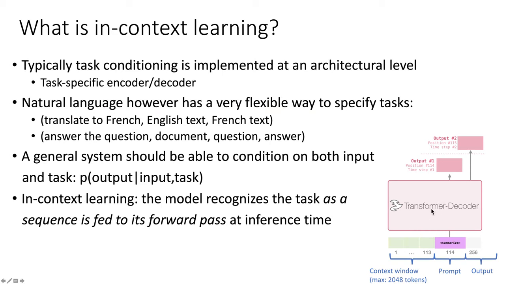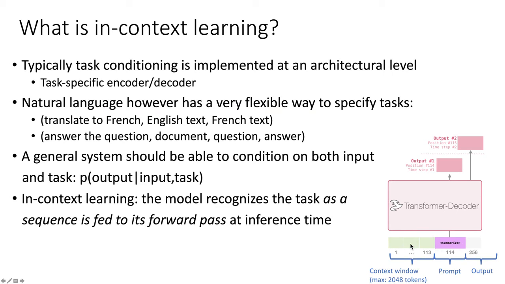So if you look at the little diagram on the right, the transformer decoder is basically the architecture for GPT-3. And you have this input sequence in green here, which defines the task and also potentially gives some examples. And then the prompt, you say, summarize this, and then it starts outputting things.